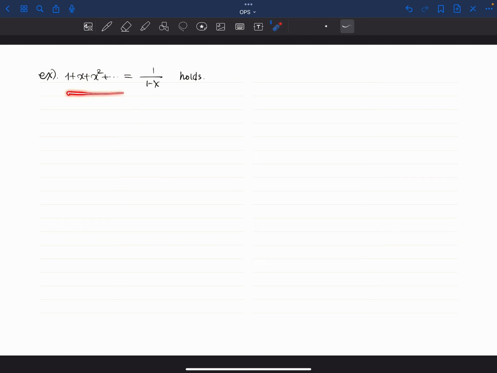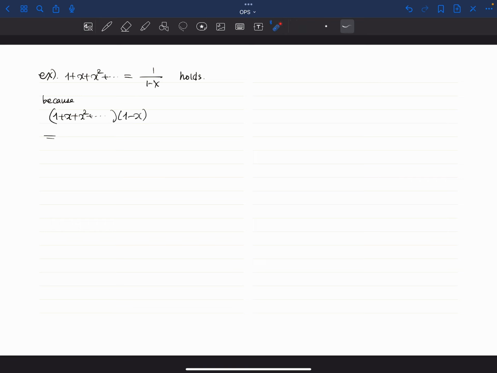See, we don't say anything about the range of x or whatsoever. The reason why this is true is, if you multiply this formal power series by 1 minus x, see what happens.